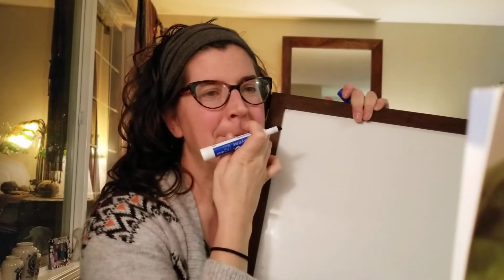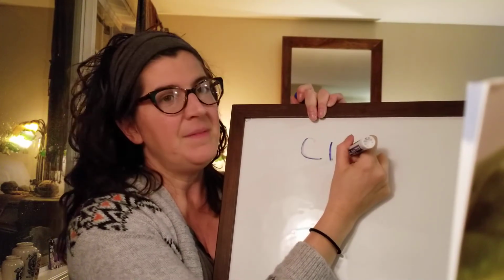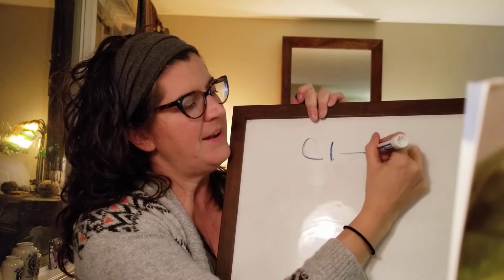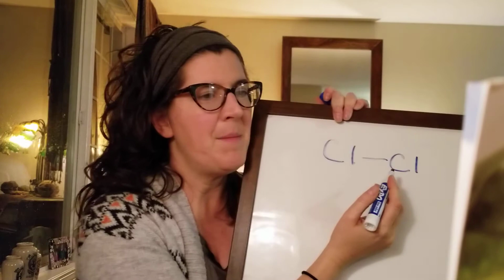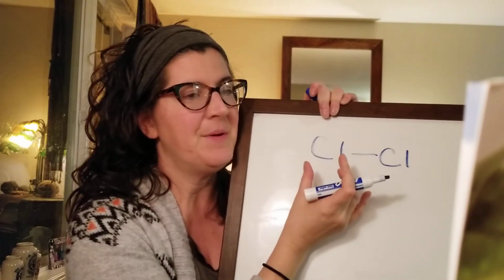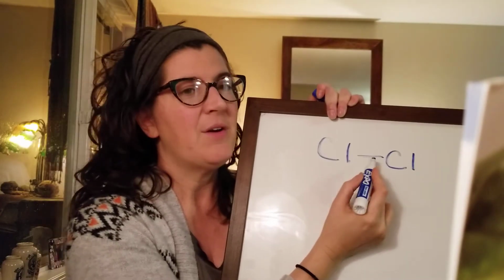When they have a covalent bond, they do this sign for it. See, 2 chlorine sharing electrons and sticking together. Because of that, at the same time they stay together. That is called a covalent bond.